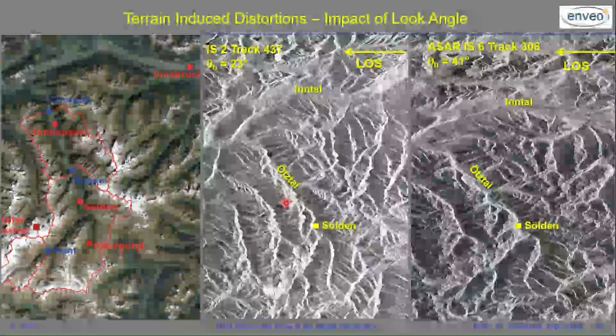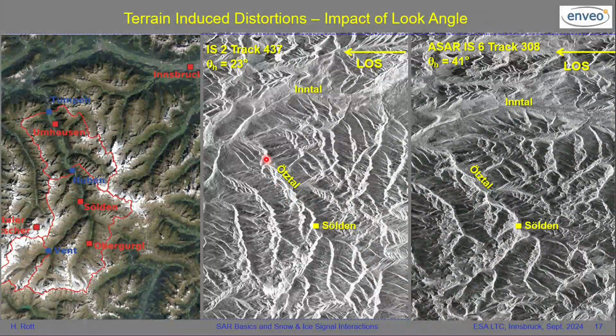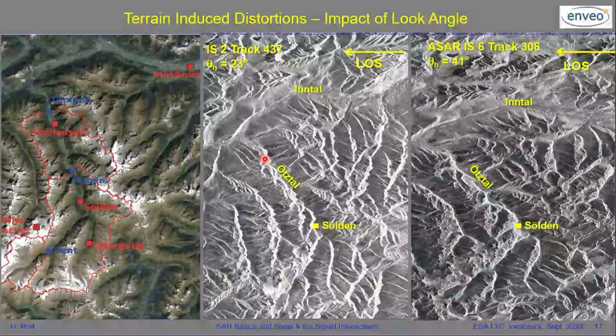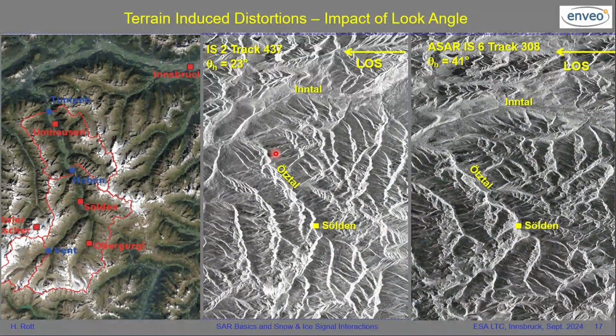For example, Ötztal here, because of the steep incidence, the slope is reflected onto the slope of the opposite side, and here it's not so much. So larger off-nadir angles are preferable if you image mountains. For example, this is near Fendt, and you see here, this slope is reflected in the opposite slope, and here not.